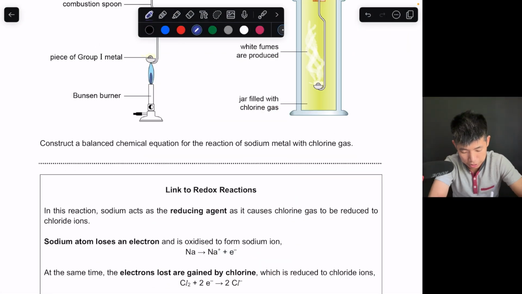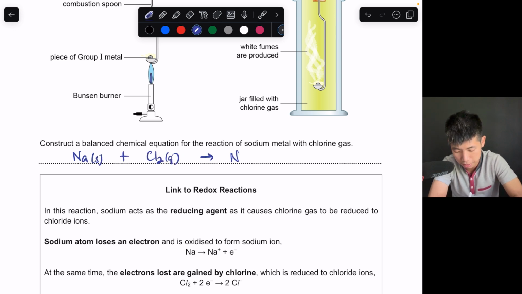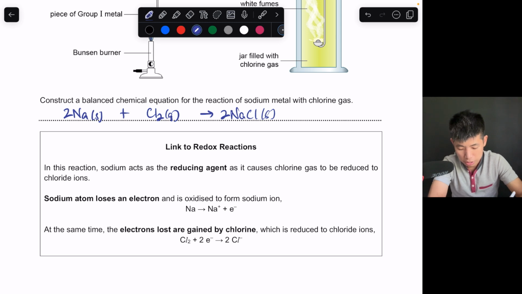Let's write the equation. Sodium reacting with chlorine to form sodium chloride. In this reaction, sodium is being oxidized as it loses electrons to form sodium ions. These electrons are gained by chlorine to form the chloride ion. So this reaction involves the formation of an ionic compound.